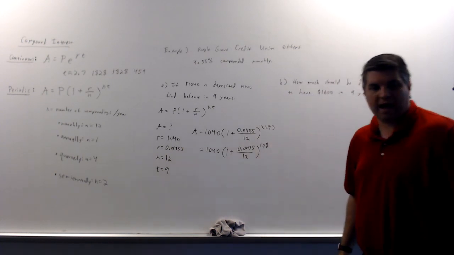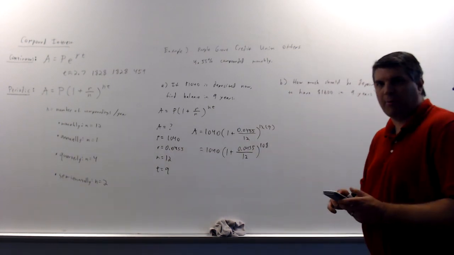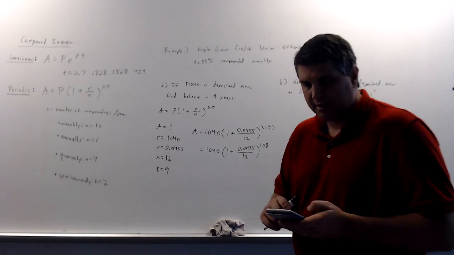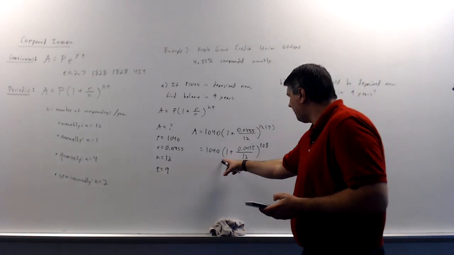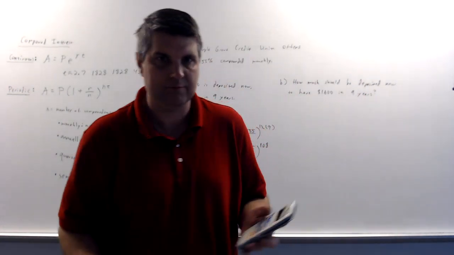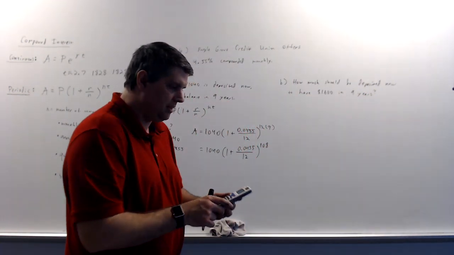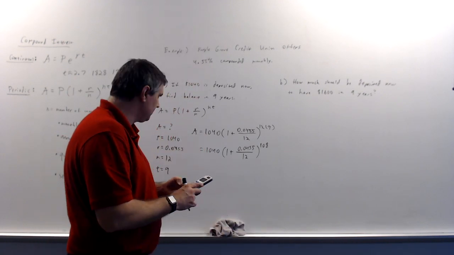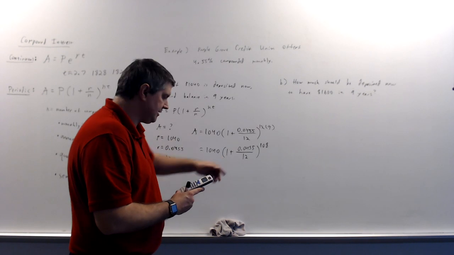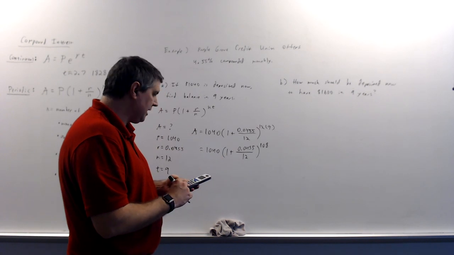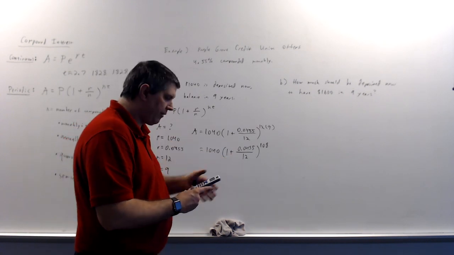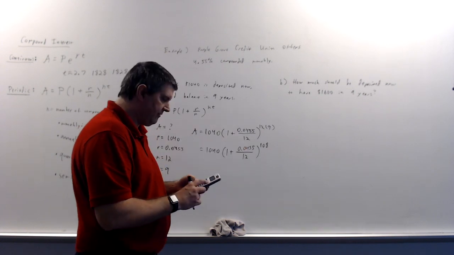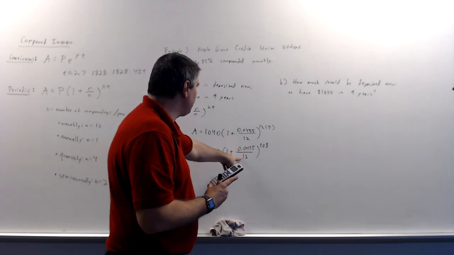Most problems will not round cleanly, so I recommend you get in the habit of just leaving these in parentheses. Now most calculators, this isn't going to be a problem. You just type in the 1,040 times, open a parenthesis, 1 plus 0.0455 divided by 12.